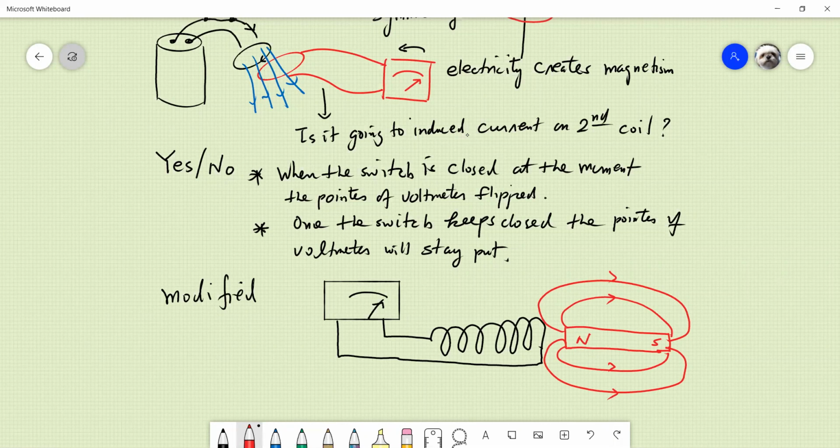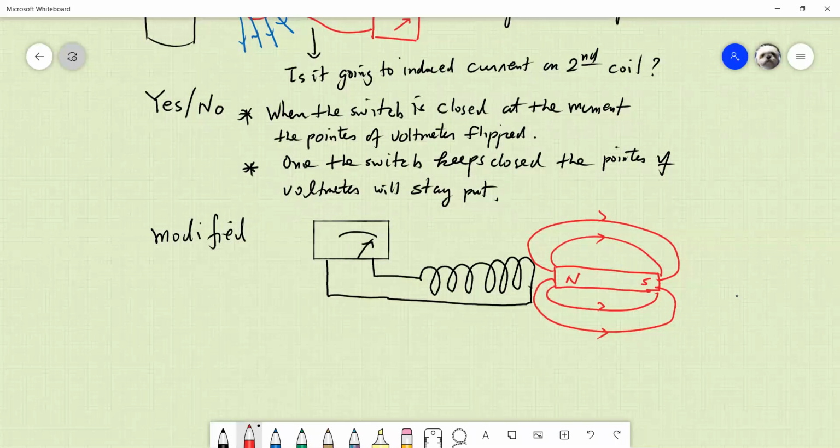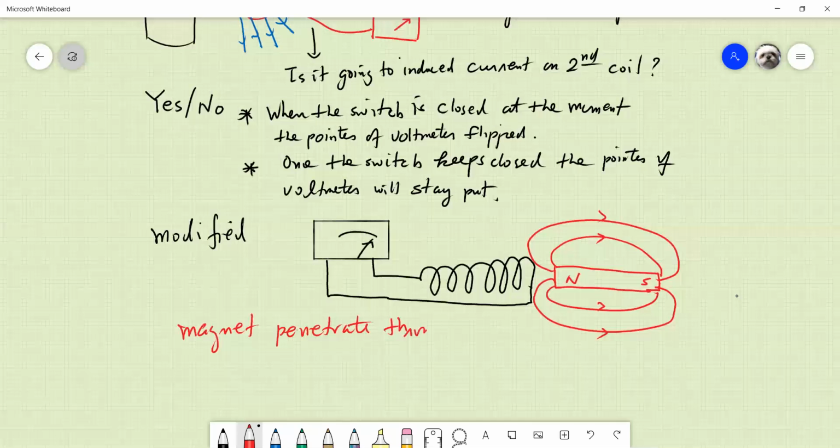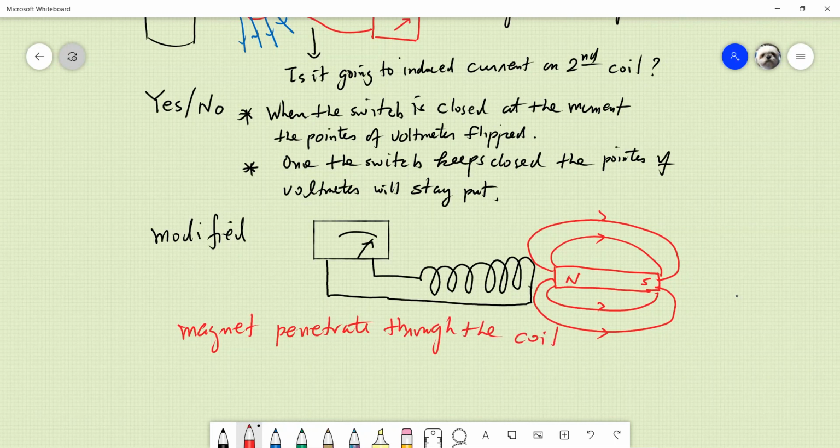Now what he's going to do is move the magnet in through the coil, penetrating through the coil. So the motion is in and out.